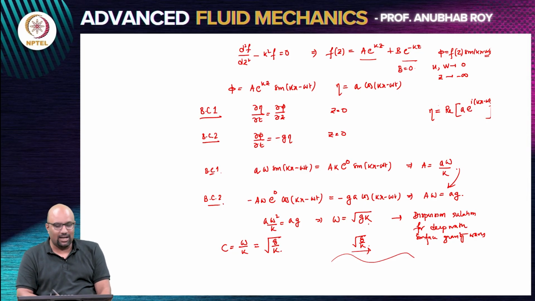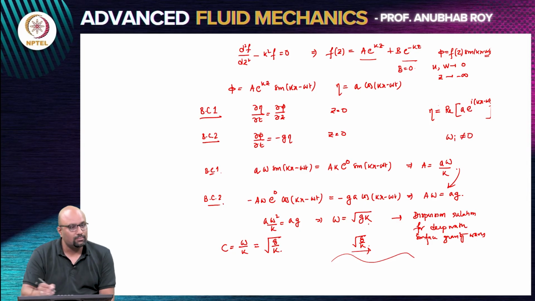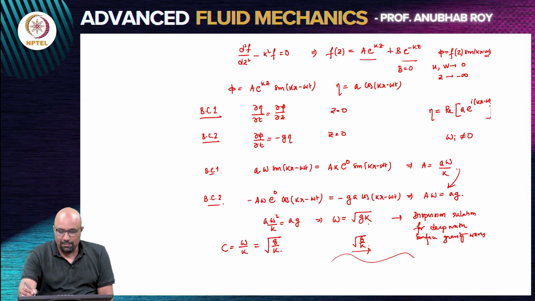I could write eta as the real part of a e to the power i kx minus omega t. And we found a value of omega here which is square root gk. Now, if from the calculation omega turned out to have an imaginary part, what would be the conclusion? E to the power minus i omega t, if omega had an imaginary part, then that would signify something that is growing exponentially fast.